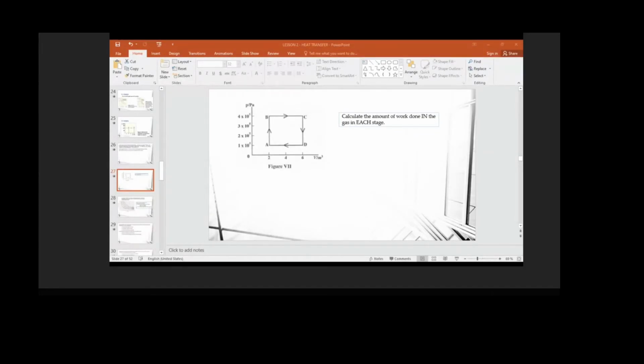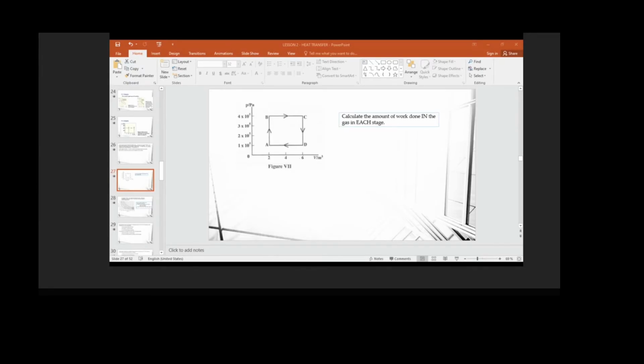Now, there's something special about the work that is done. In AB and CD, there is no work done. The work done in isovolumetric processes is always 0, so that's something to remember. The reason is that, remember, we said to find the work done is the area under the graph.